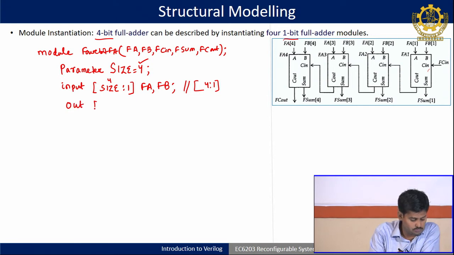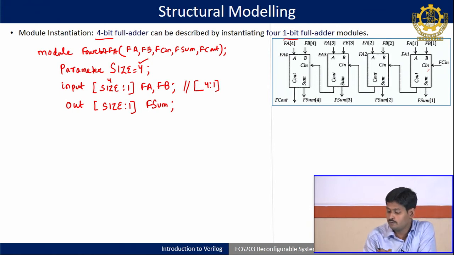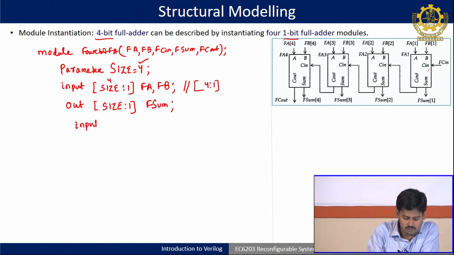Output I can also define as size to 1, and here it is only F sum. Apart from this, we have FC in which we have not declared. As it is a single bit, we can't declare it along with the vector, so I am declaring it separately as FC in.